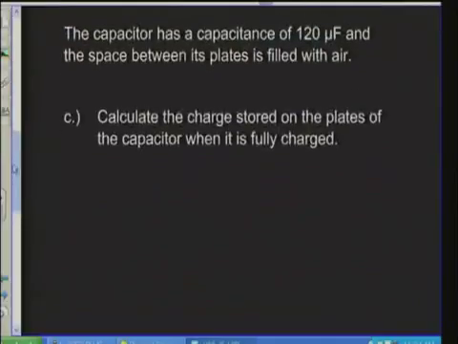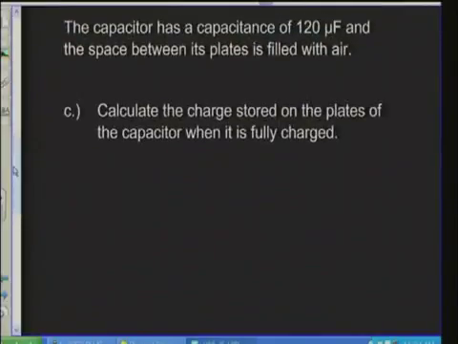Coming to C. C says calculate the charge stored on the plates of the capacitor when it is fully charged. Now, for us to calculate this charge stored there, we need to know the capacitance of this capacitor.